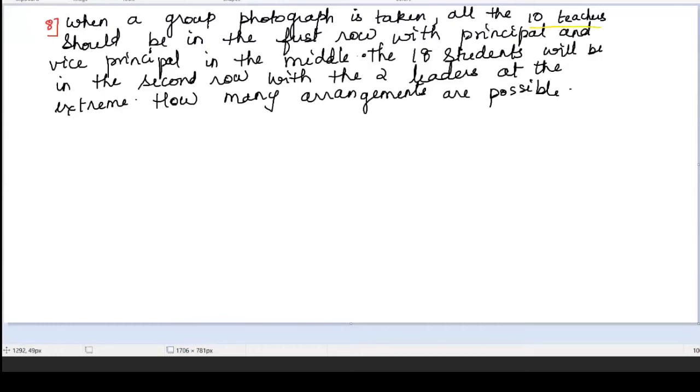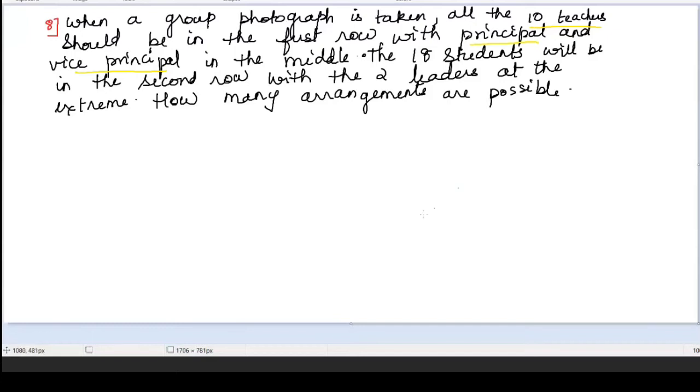So in the first row, all the 10 teachers with the principal and vice principal in the middle. Let me draw and explain it to you so that the idea will be clear. Once you understand the question, then the answer is easy. The answer is only one step, but you need to understand the question.